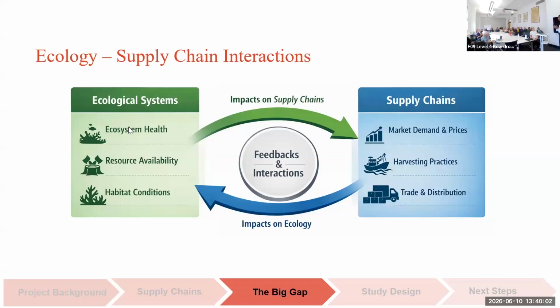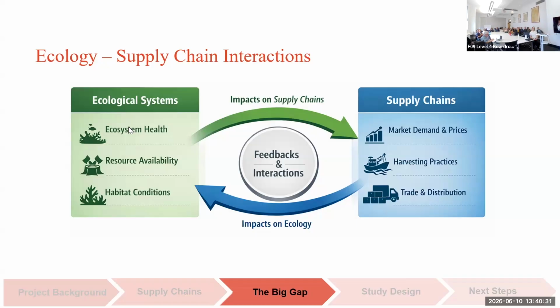So ecological dynamics so far tend to remain in the periphery of these frameworks, but considering these dynamics is really important for resource-based industries because they directly influence supply chain dynamics like demand, prices, harvesting practices, trade, and distribution, especially for a sector like fisheries, which is directly dependent on things like ecosystem health, resource availability, and habitat conditions.